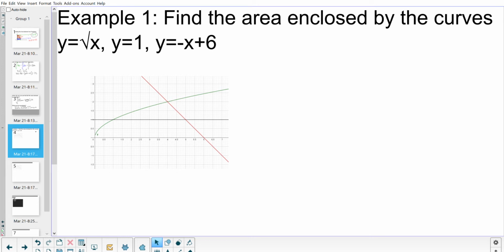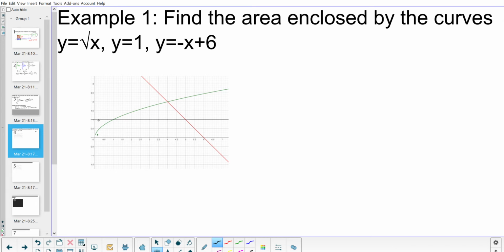Okay, so what does it mean to have bounded area? Well, looking at this, having dealt with this a lot, I have an easy time noticing what the area is that we're talking about. But that's something that may take some time for you. Now, the area that we're going to actually find has to be enclosed by all three functions listed.